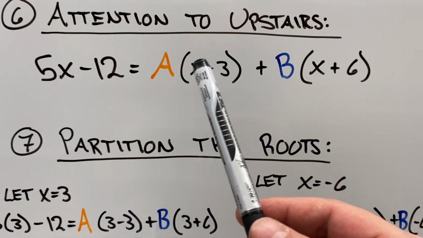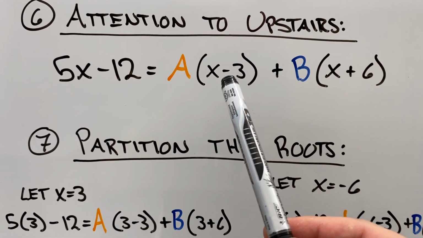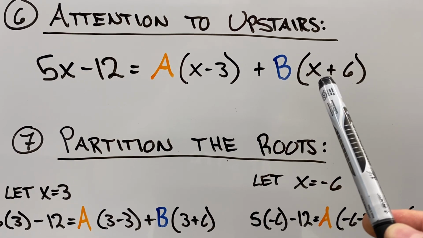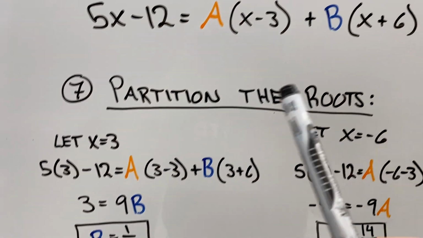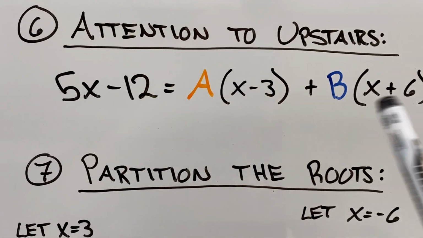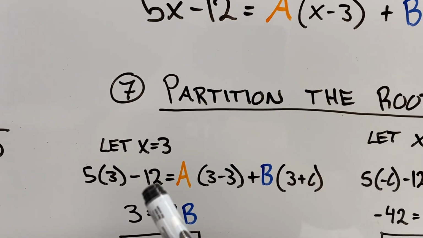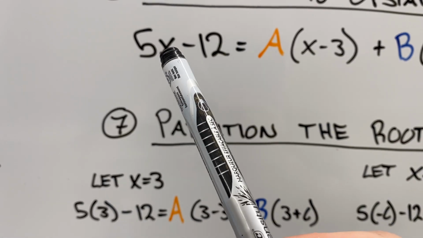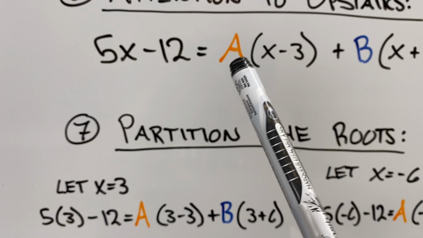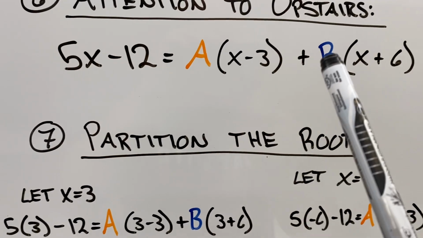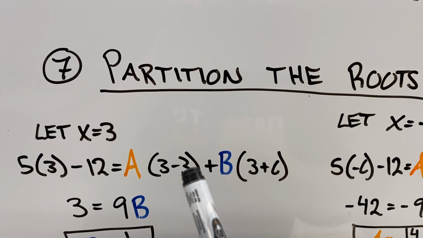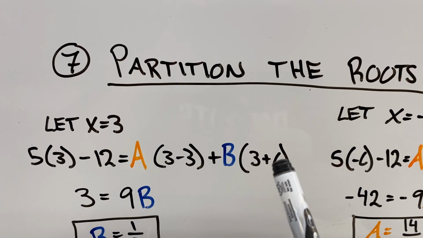The roots of these two polynomials are going to be 3 for this one, because that would make it 0, and negative 6 for this one, because it would make this one 0. So let's start with, let's let x equal 3. If we take this expression and sub in our value of 3 for x, we're going to get 5 times 3 minus 12 is equal to A times 3 minus 3 plus B times 3 plus 6.